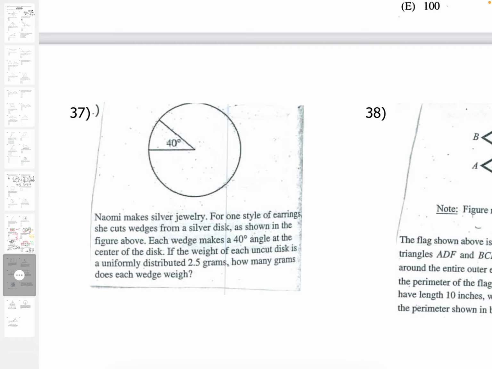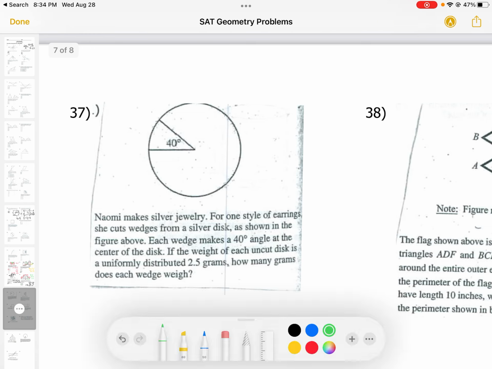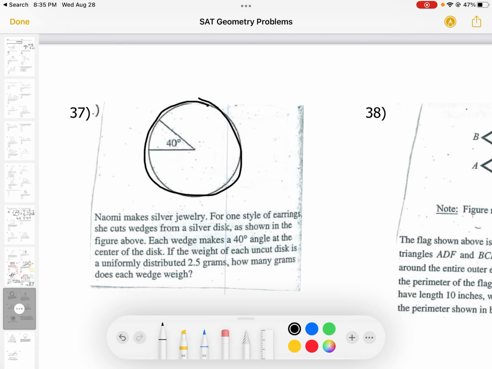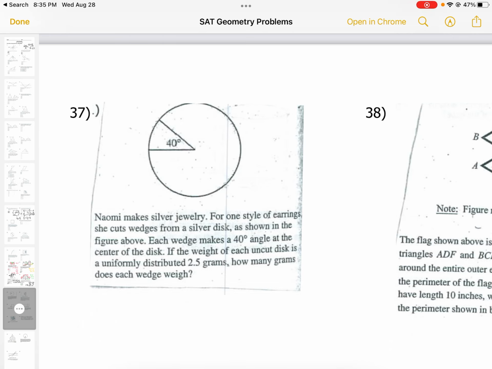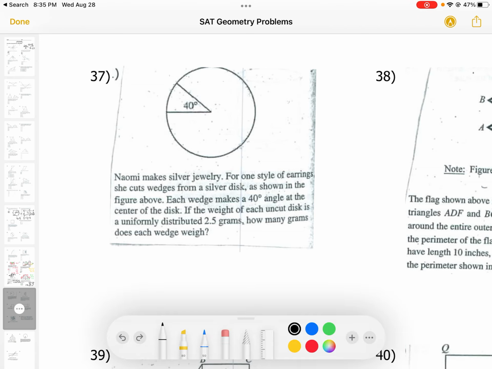Okay, let's see. So the weight is uniformly distributed. So whatever portion we take, we can always relate it to the ratio of the angle the wedge makes with the center, in this case 40 degrees, with the amount of degrees in a circle, which is 360. So that's our disc.